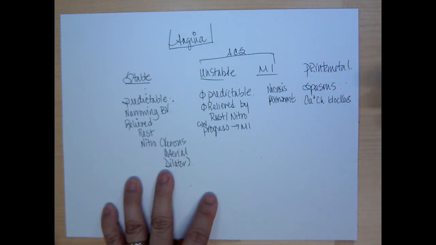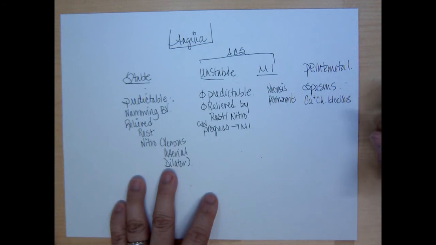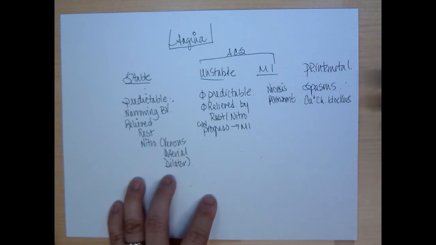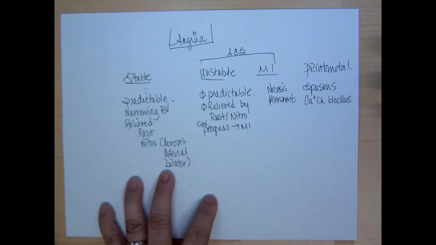You're probably thinking we don't want to do that, but we're not talking about decreasing a ton of volume. You're decreasing the demand and the preload, so you decrease the myocardial workload through decreased venous return, and you also dilate the arteries so you can help with perfusion.